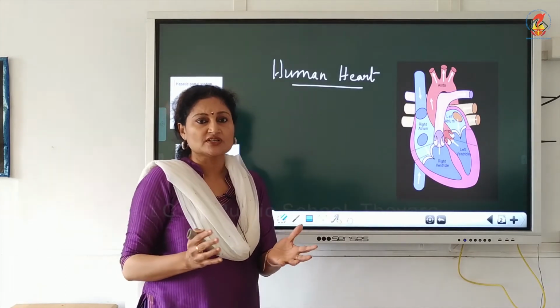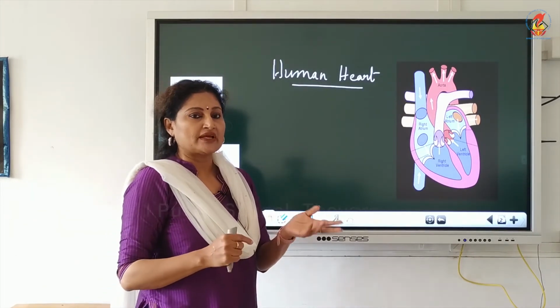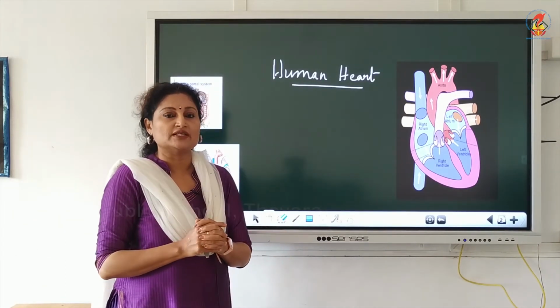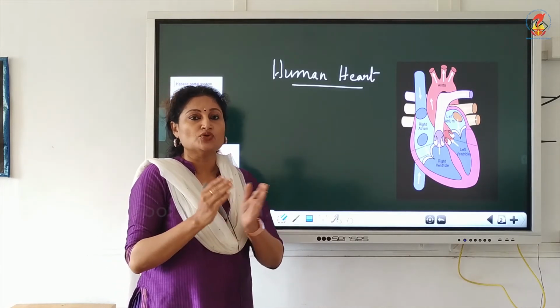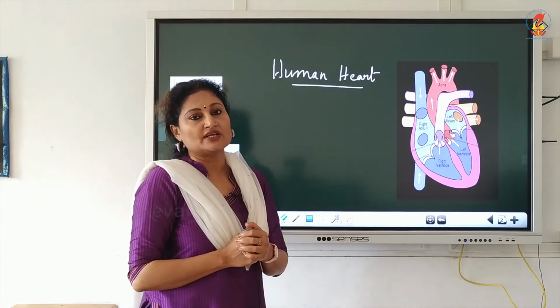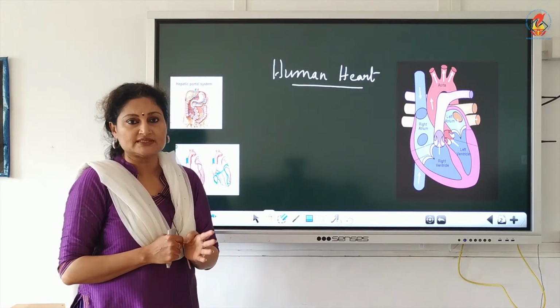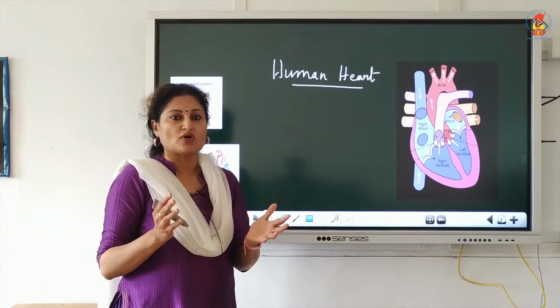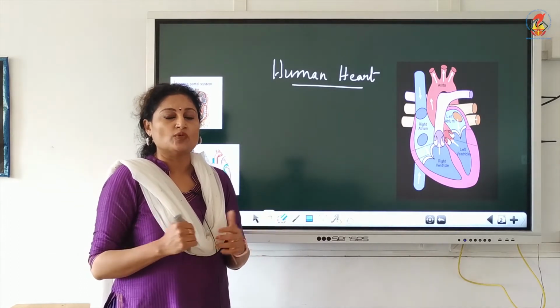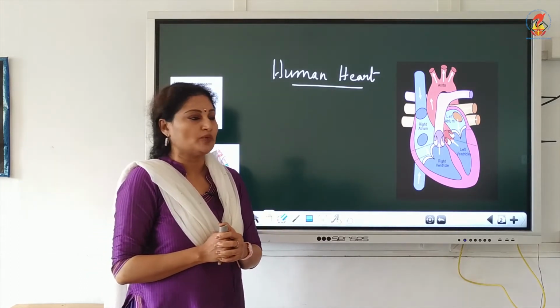It is protected by 2 membranous coverings called the pericardium. In between the 2 membranes there is the pericardial fluid. The human heart, as we know, has 4 chambers. The upper chambers are small, called the atria, and the lower chambers are larger, called the ventricles.